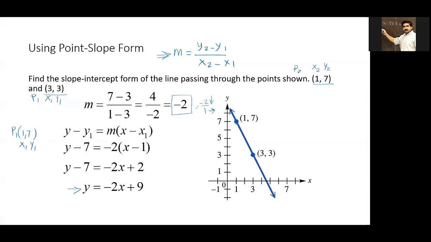Or if you think of the slope being 2 over minus 1, which is the same as minus 2, from every point on the line, if I go 2 units up and 1 unit to the left, I get back to the same line. That's what it means, the slope being minus 2.